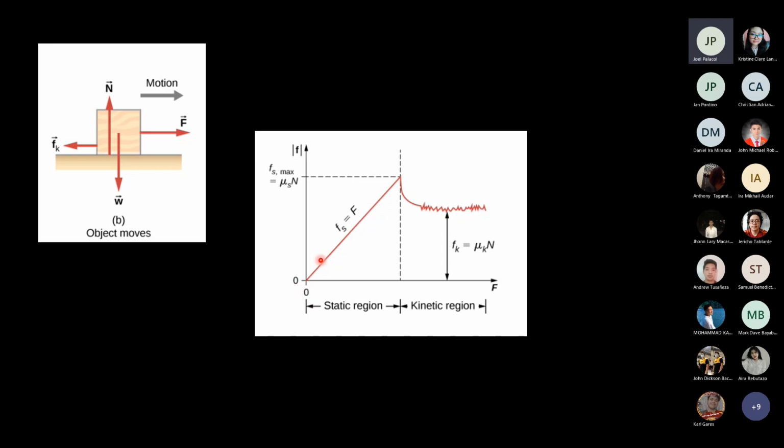As the applied force reaches the maximum static frictional force, the kinetic friction starts to play and decreases and normalizes to a lesser magnitude than the maximum static friction.